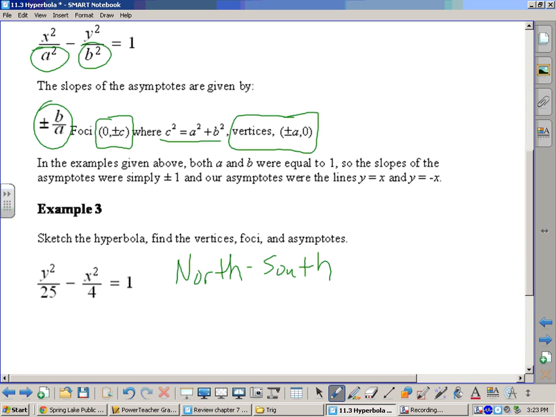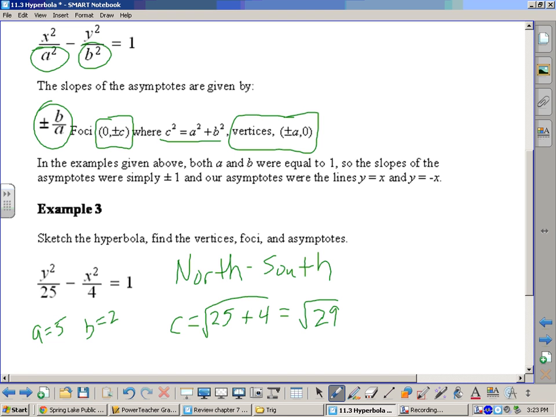Well, in this problem, we can identify A to be 5 and B to be 2. So now we can find our C, because C will end up being 25 plus 4 in this case, square rooted. So it'll be the square root of 29.